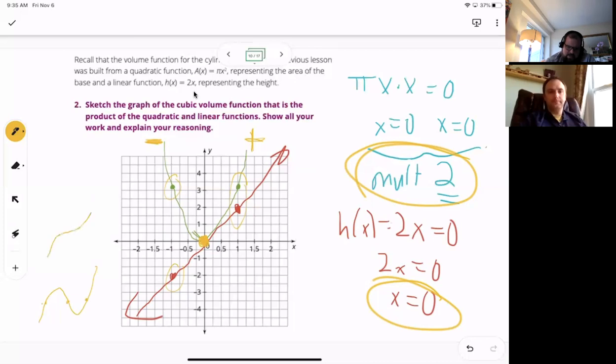The other one looked like this. And this shape fits really well here because we've got a spot in the middle that we call a point of inflection, with stuff to the left that's negative and stuff to the right that's positive. So I think this would be a good example of this type of shape. How'd I do? That looks wonderful.